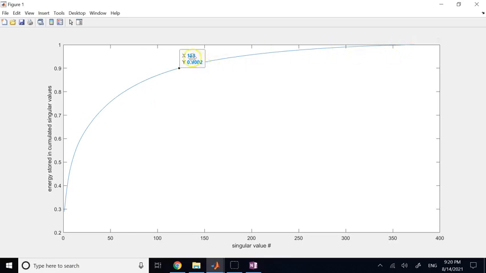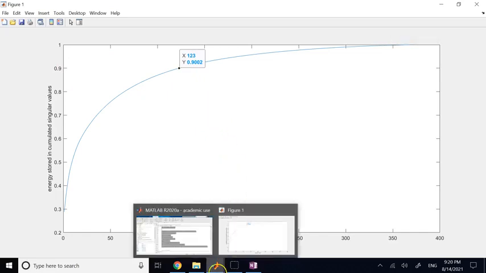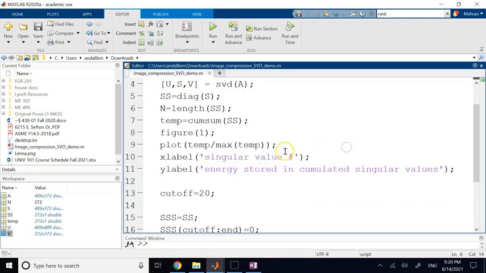As long as I only use 123 singular values, that means I have 90% of the information in the image captured. And so now I can go and use a cutoff here. If I say 123 singular values, keep them and set the rest to 0 because they are not contributing too much.